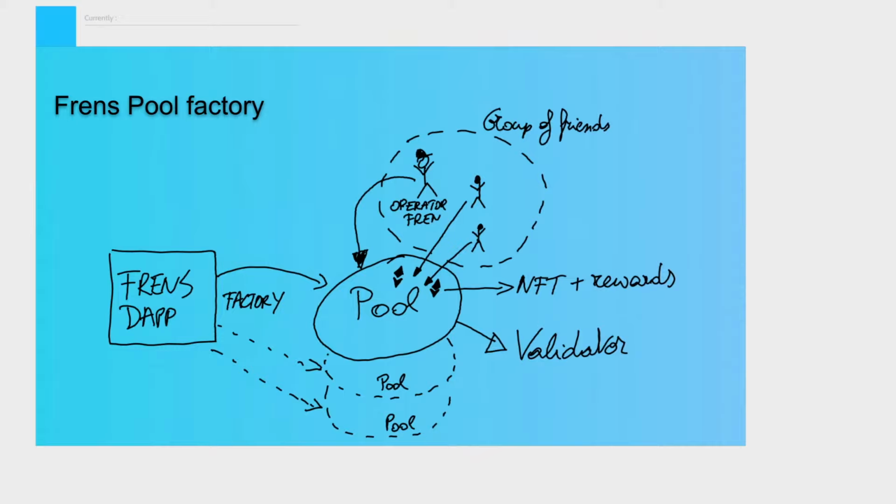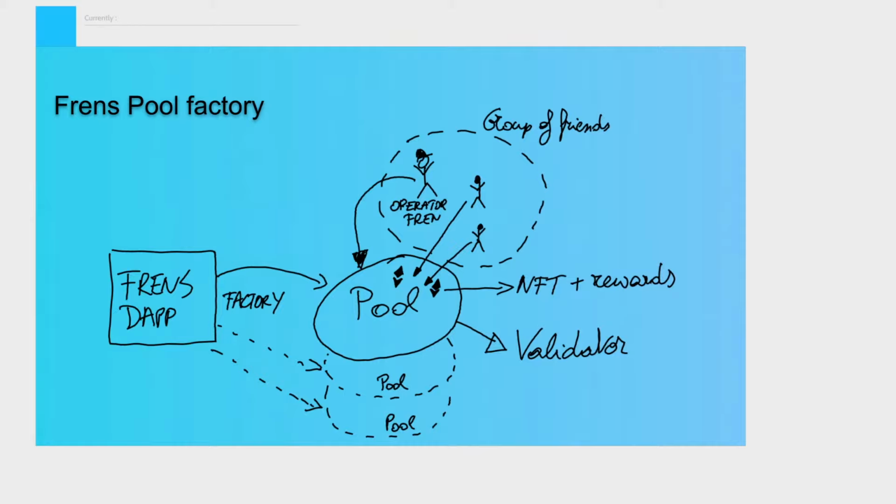So this is a quick sketch of what Friends looks like. Friends is not a pool, it's a pool factory. One of the friends, the Friends operator, can go through the Friends website and call the smart contract there to spin up a new pool.